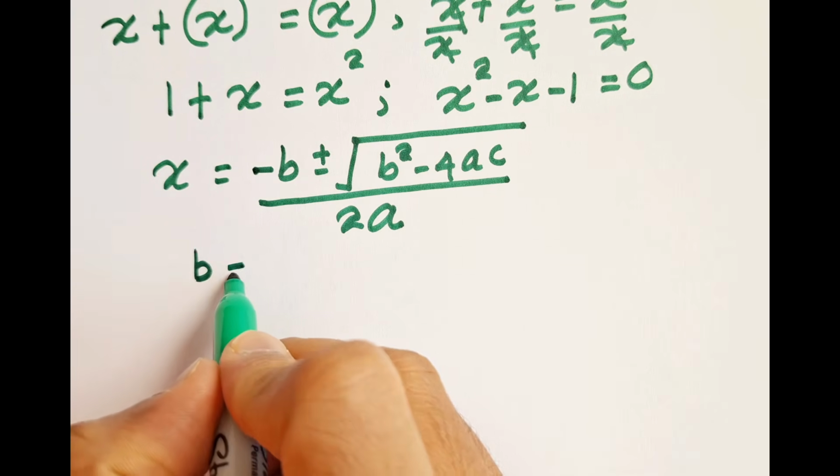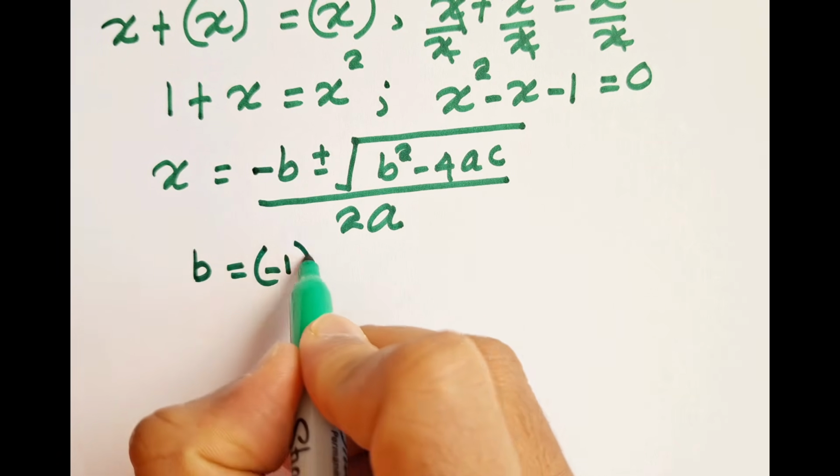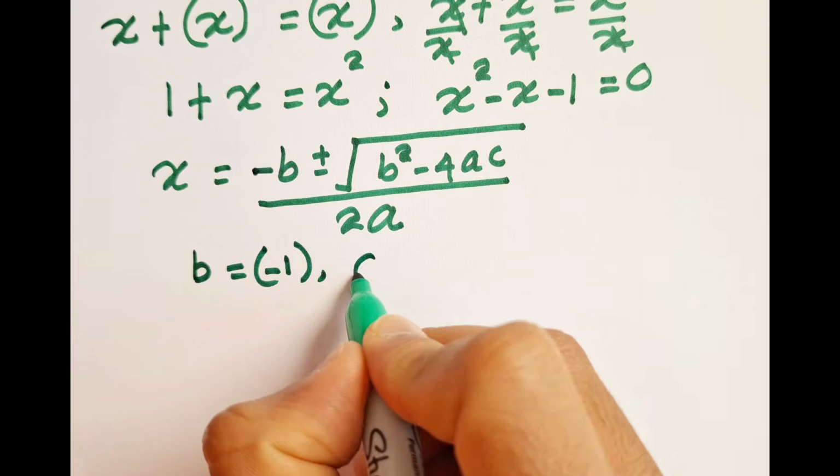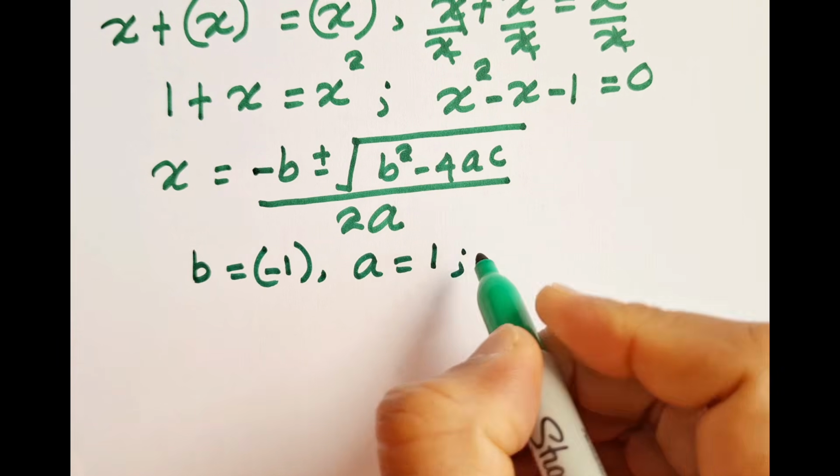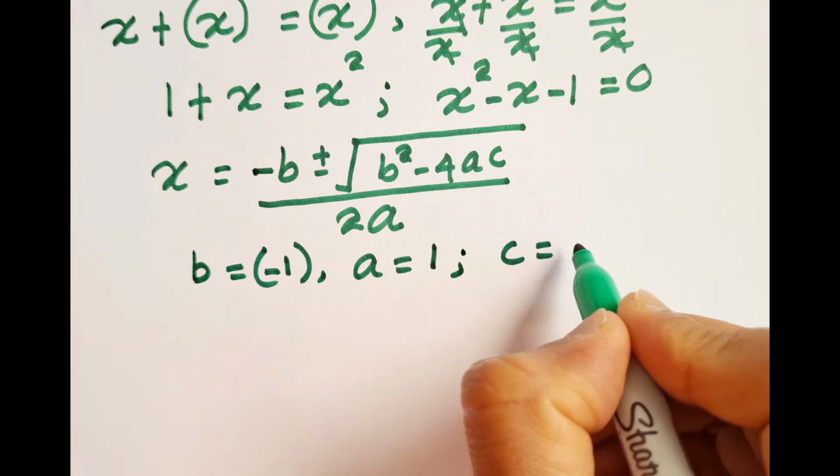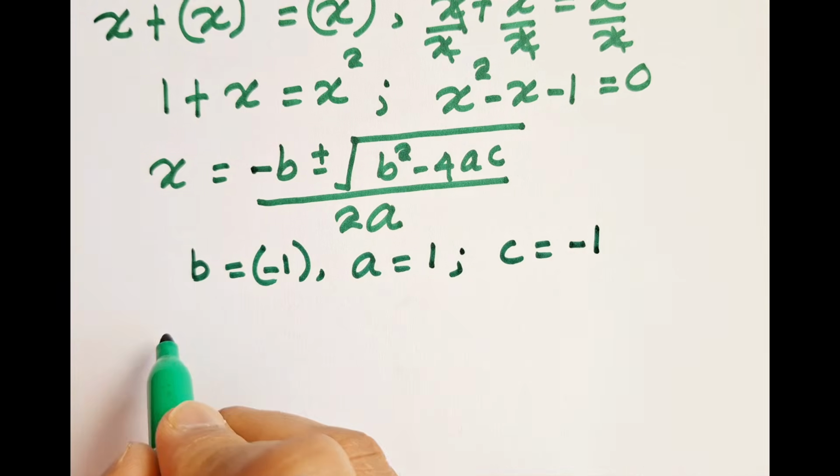In this quadratic equation, b equals minus 1, a equals plus 1, and c equals again minus 1.